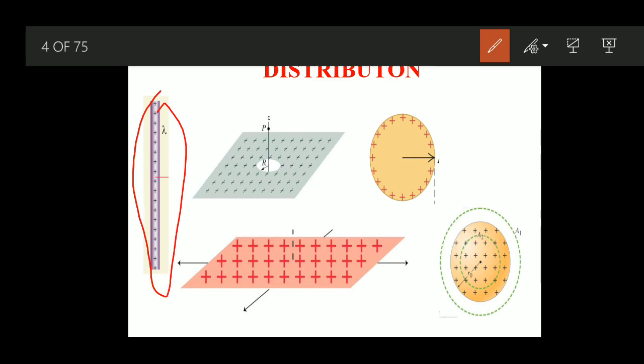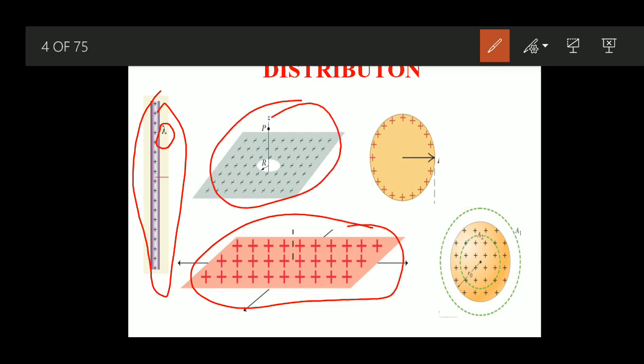What name have we given? A linear charge distribution. Have you remembered, a wire which carries charge, where charge is distributed over the length? Then lambda is called the linear charge density. Then if I take this one, we studied a surface charge distribution, and this is also a surface charge distribution, distributed over only this.